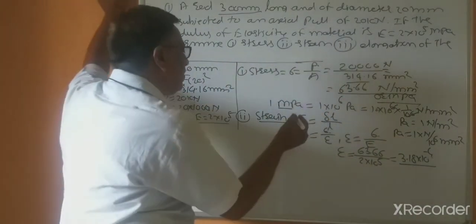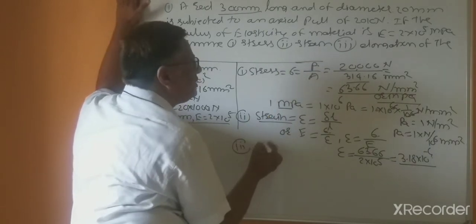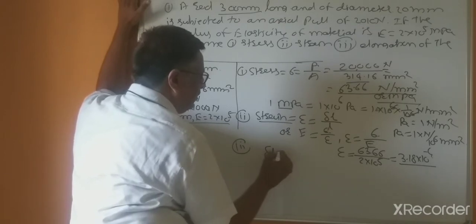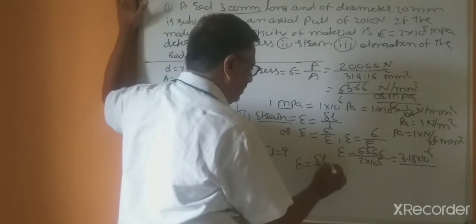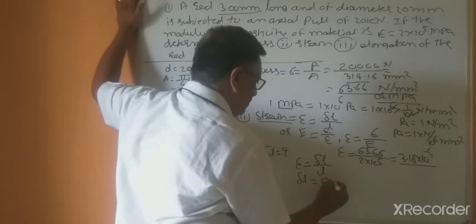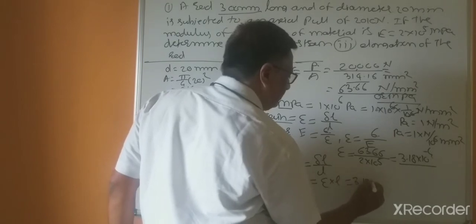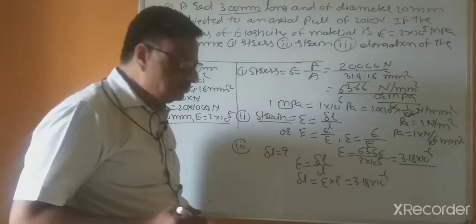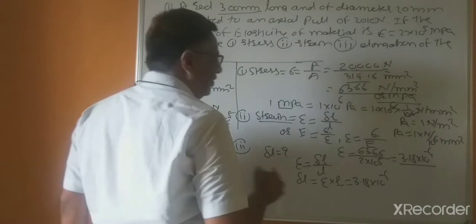So next, third, elongation of the material. So delta L equal to what? Use this formula, strain equal to delta L by L. So delta L equal to epsilon multiplied by L, and this is 3.18 into 10 to the power minus 4 multiplied by length, this is given 300 mm.